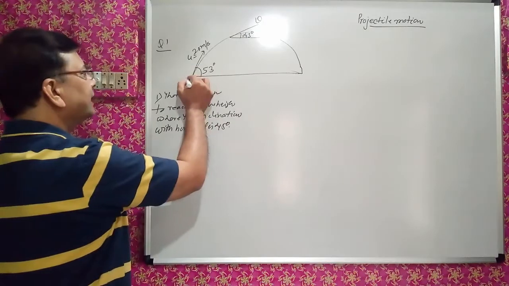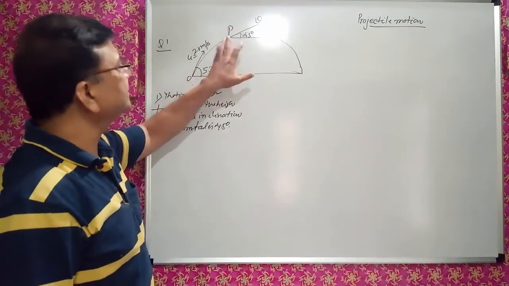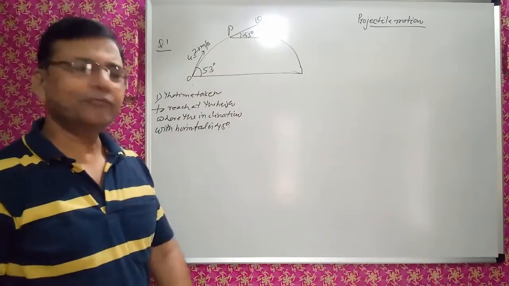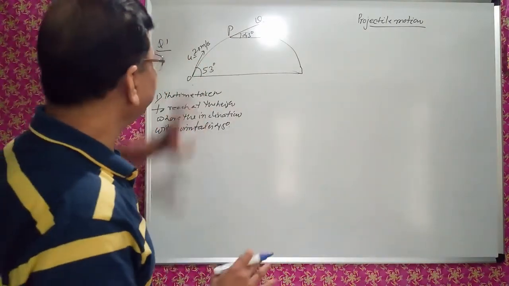Means यहाँ से यहाँ तक from O to P, what time it will take so that inclination will be 45 degree. This is the question. We have got concept and method.